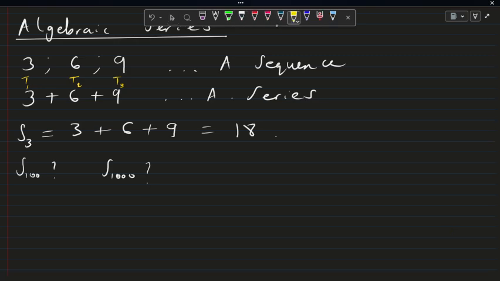In order for us to do this, we have to consider a general case. Okay, so Sn is equal to the first term, which is a, plus a plus d, where d is the common difference, and then the third term will be a plus 2d. All right, and then let me consider the last term.